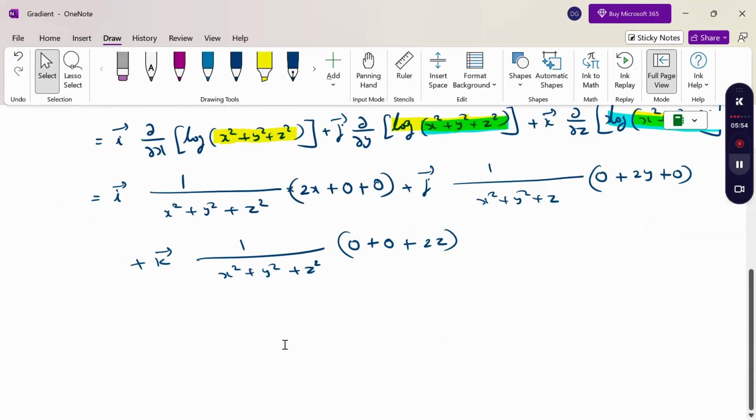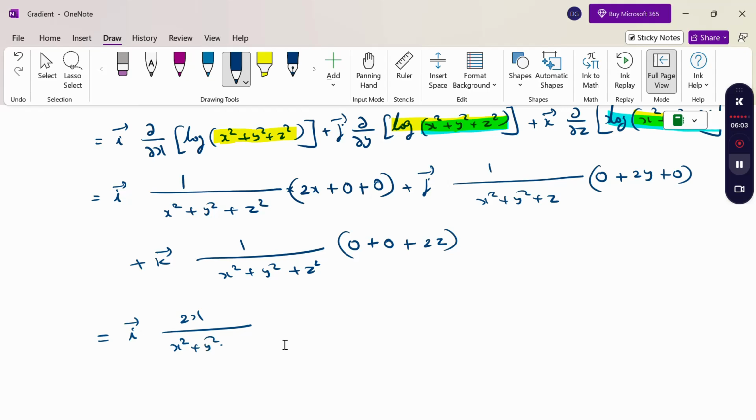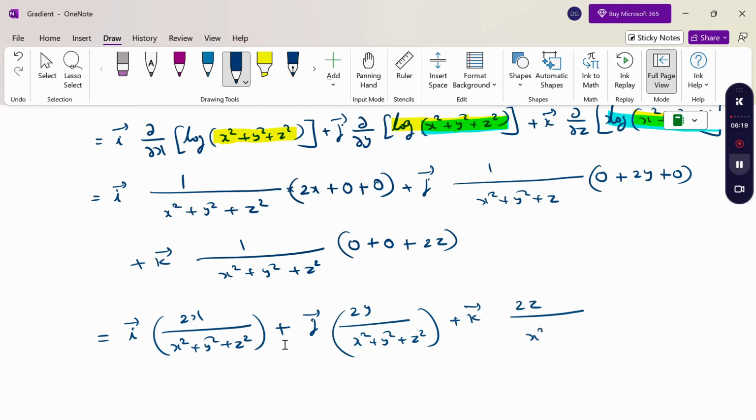Therefore, this is i vector 2x by (x square plus y square plus z square), plus j vector 2y by (x square plus y square plus z square), plus k vector 2z by (x square plus y square plus z square). If the question is only del phi, then this is the answer.